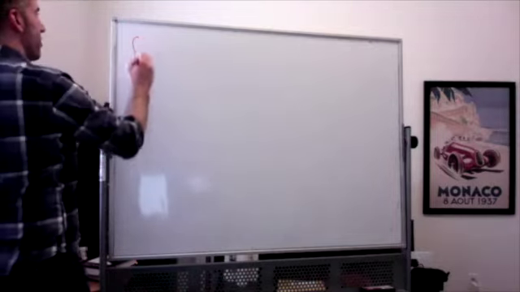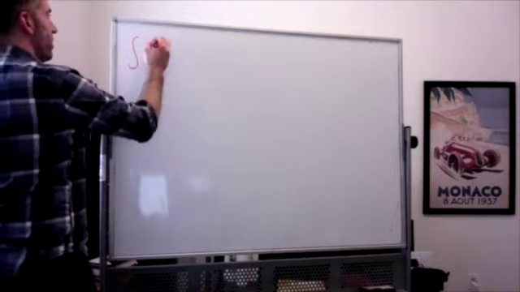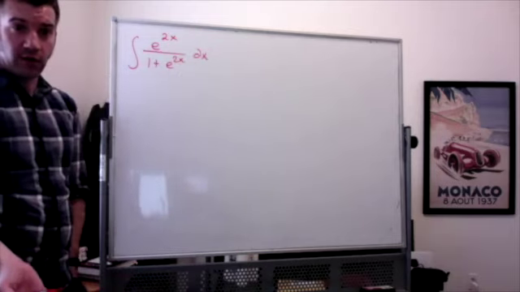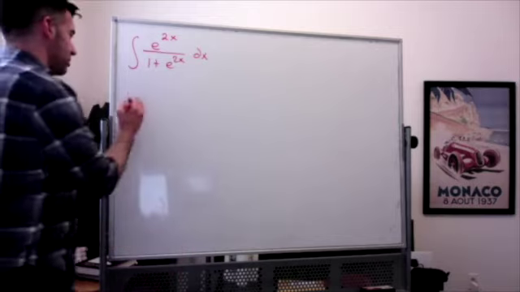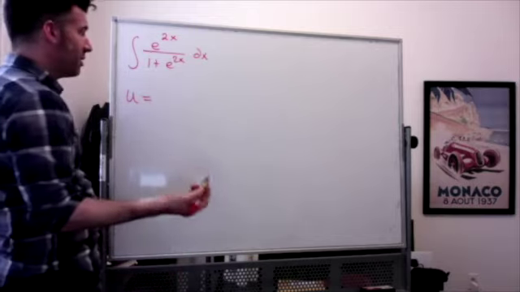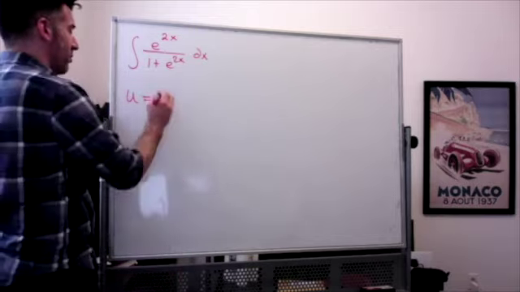So if I do the integral of e to the 2x over 1 plus e to the 2x, what could I pick for u? Well, there's a few choices. The choice I'm going to make, though, is 1 plus e to the 2x. Because the derivative of e to the 2x is e to the 2x times 2.